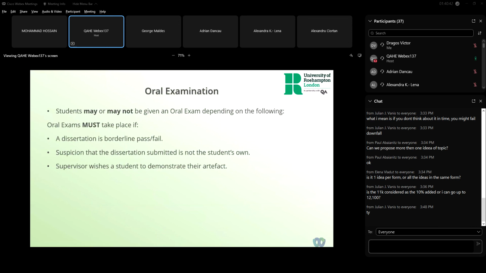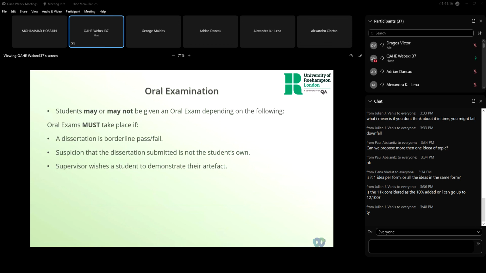Convince me that you deserve to pass. And this is the purpose of the oral examination. For those students who are borderline cases and they wouldn't pass, and when we look at the dissertation, we cannot really find extra marks, then here is an oral examination for you to convince me that you deserve to pass, right? To give me, as the supervisor, confidence to pass you because you convinced me that you deserve to pass, right? So this is not against you, right?